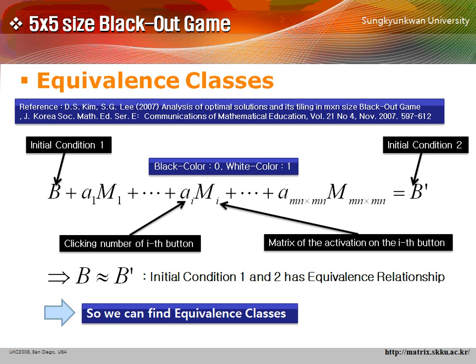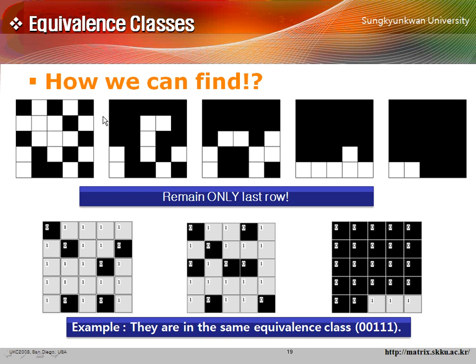One of the master students started to think about these 5 by 5 cases. 5 by 6 is a singular case, so we don't have a unique solution. So he thought, let's make all the first row black, and then make all the second row black. Clicking this one will turn it white, and if you click this one, that will be black.